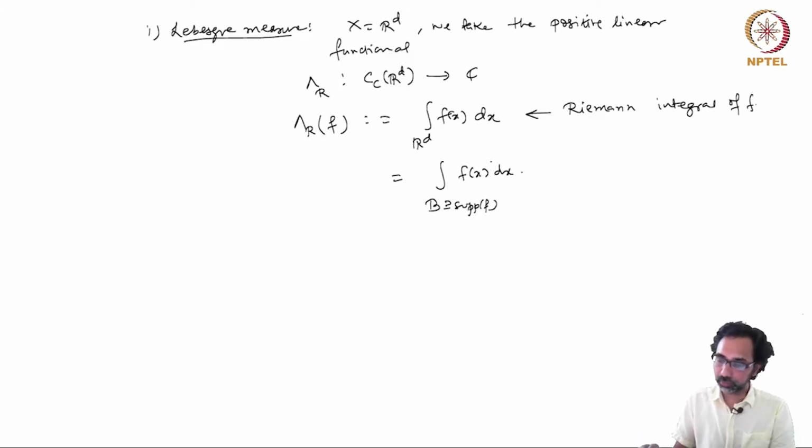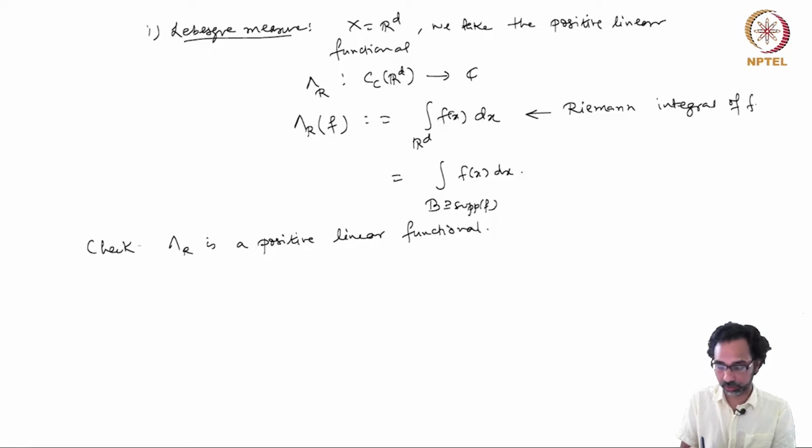Of course this lambda_R is a positive linear functional as claimed. One can check that lambda_R is a positive linear functional on C_c(X).